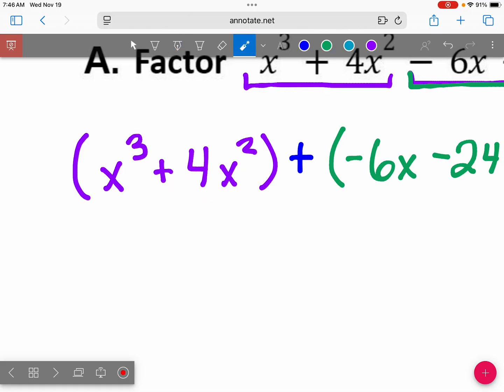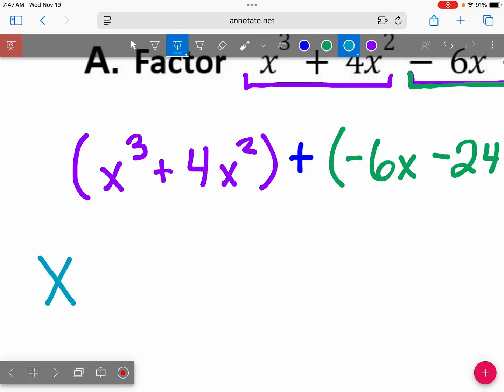So then we look at each of these pairs individually. What can I take out of x cubed and 4x squared? X squared. I can take x's out, absolutely, but I can take an x squared out of both of them. So we want our greatest common factor.